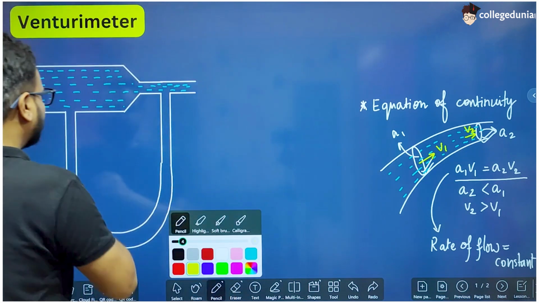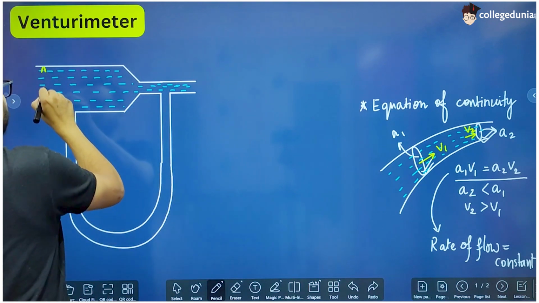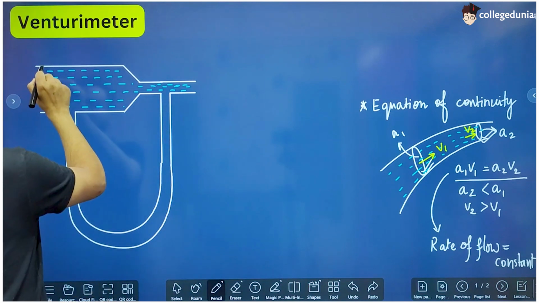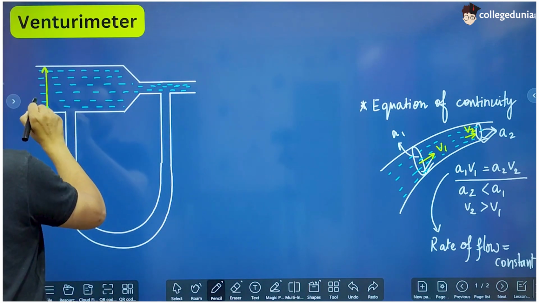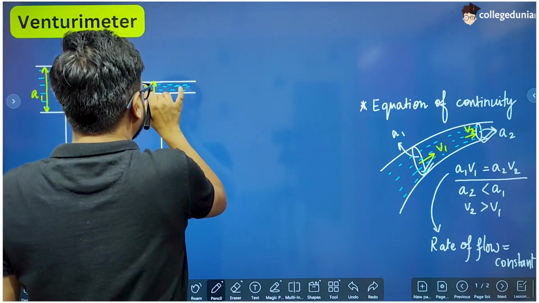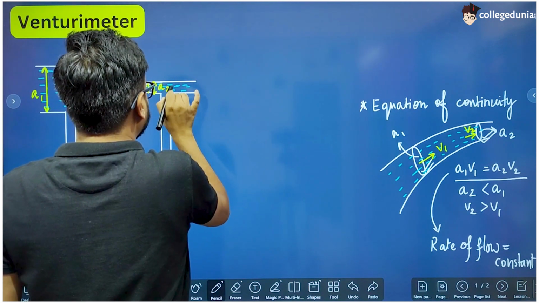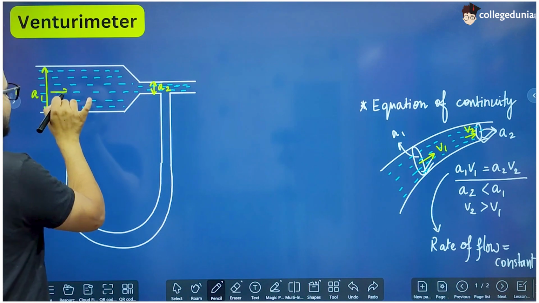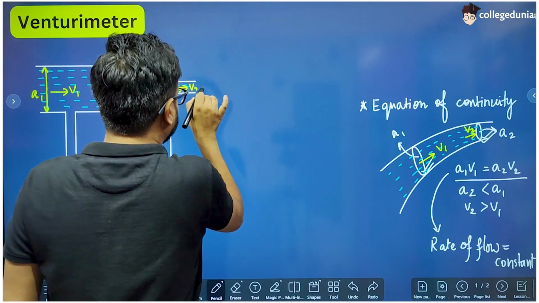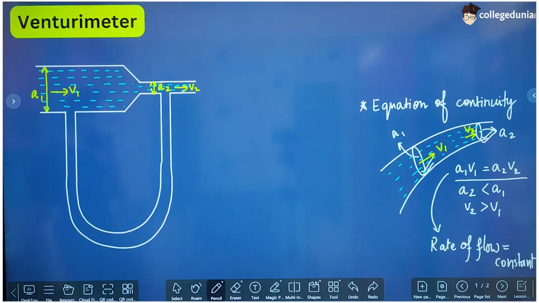Let us say the area of this cross section is A1 and area of this smaller cross section is A2. And the speed of liquid is V1 here and speed of liquid in this narrow part is V2. Obviously V2 is more than V1.